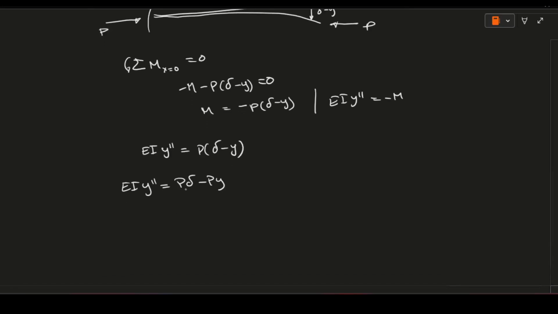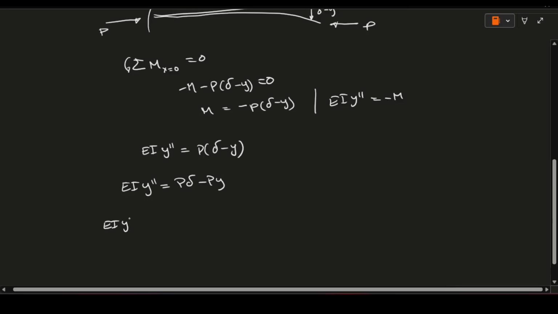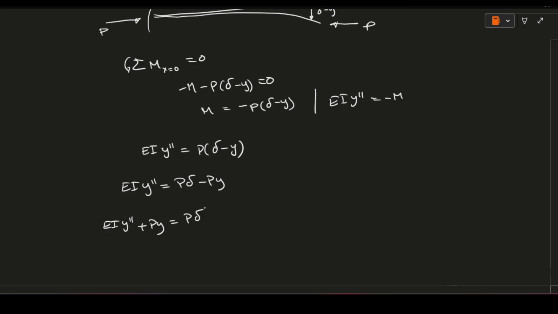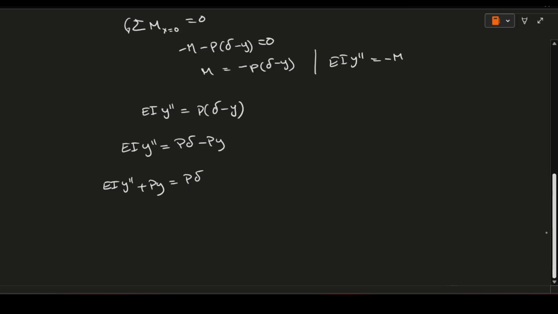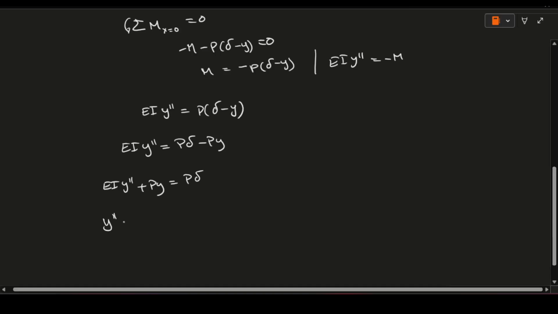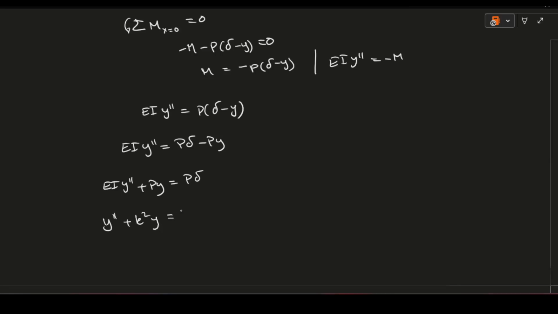If we collect all the y's on one side, we get EI y double prime plus P y is equal to P delta. Now, as usual, we divide everything by EI and let k squared equal P over EI. So we have y double prime plus k squared y is equal to k squared delta.